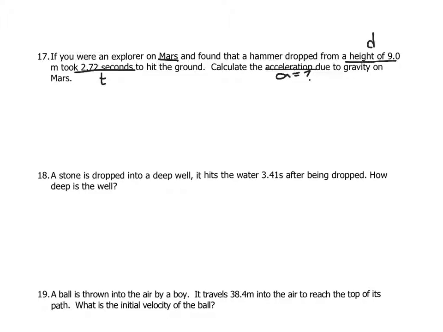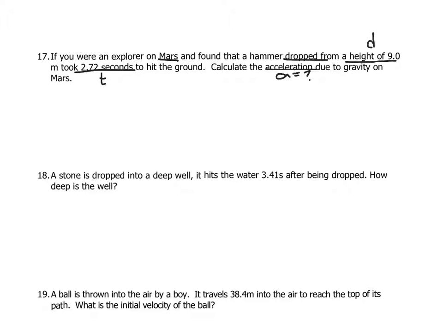on Mars. Acceleration of gravity on Earth is negative 9.8. I can't assume that it's going to be the same acceleration on every other planet because every planet has a different mass. So I've got distance given directly, time given directly, and acceleration I need to solve for. What's not given to me is the initial velocity.